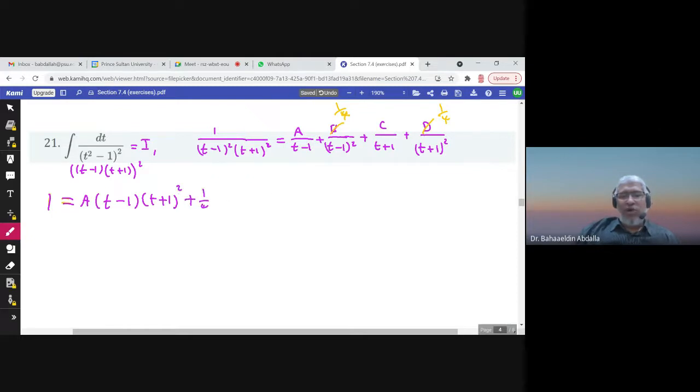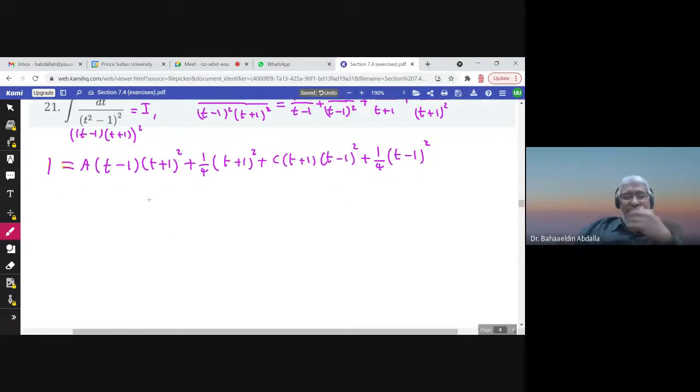b is 1 over 4. T minus 1 square will be gone, and I'll have t plus 1 to the power 2. C times t plus 1 will be gone. I have another t plus 1 times t minus 1 to the power 2. D is 1 over 4. T plus 1 square will be cancelled, and I'll have t minus 1 to the power 2.